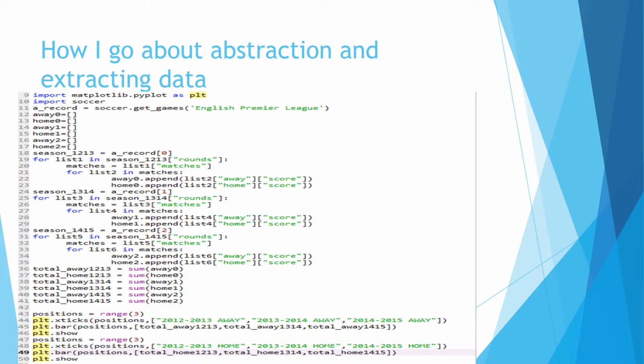There were actually 38 match days, or rounds, and within that I use another for loop for another list, which are the games. Each match day has 10 games, and within those games I need to extract the away and home score for each game and append it into the list for each season. In the end, I'm just totaling them up for each season.